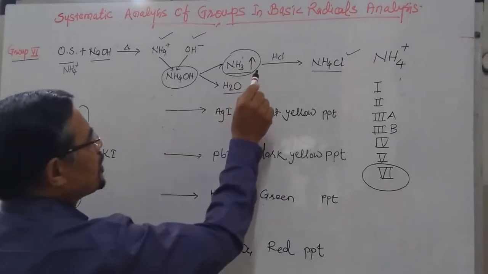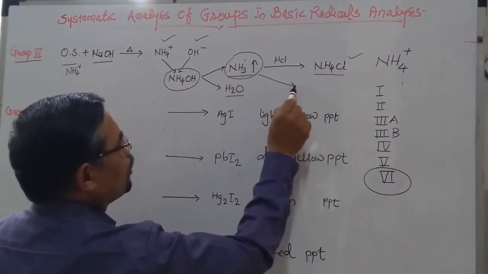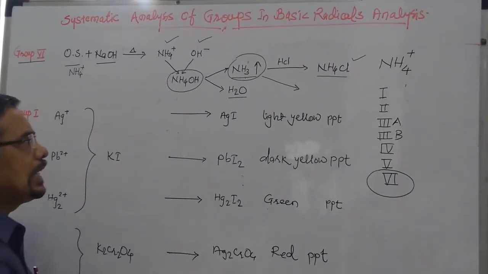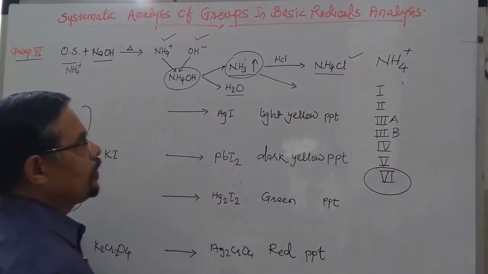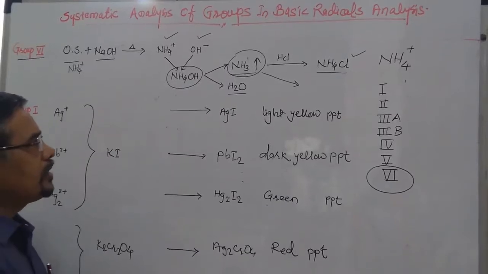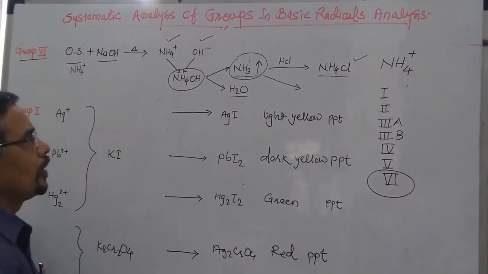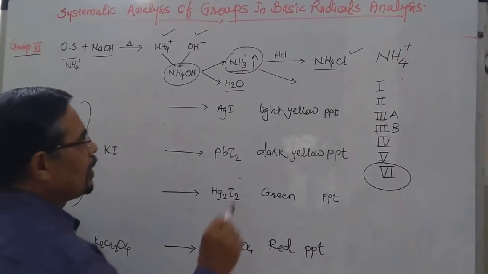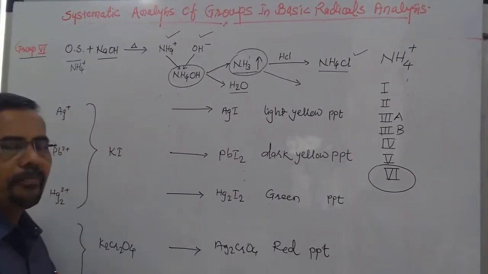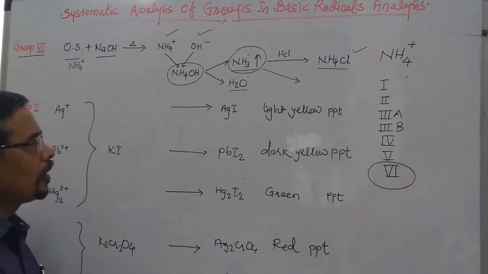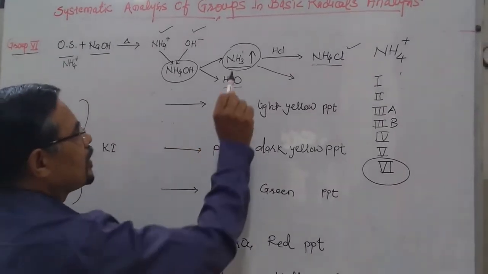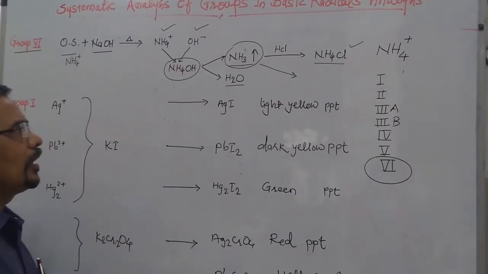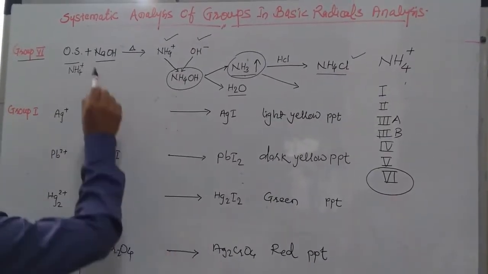Similarly, another test we can perform for the presence of NH4 plus radical is to hold moist turmeric paper over the fumes of NH3 gas. Then this moist turmeric paper turns reddish brown. That also indicates the presence of NH4 plus radical in the original solution.